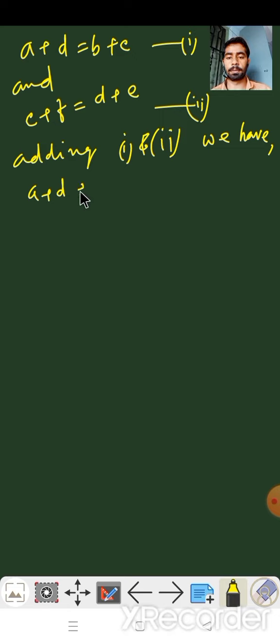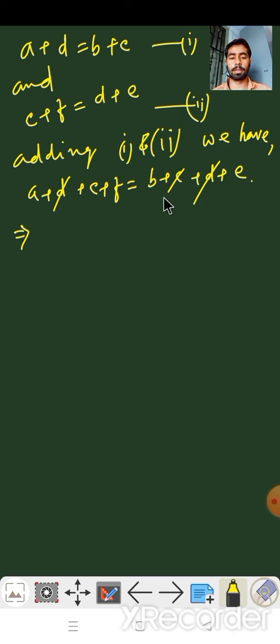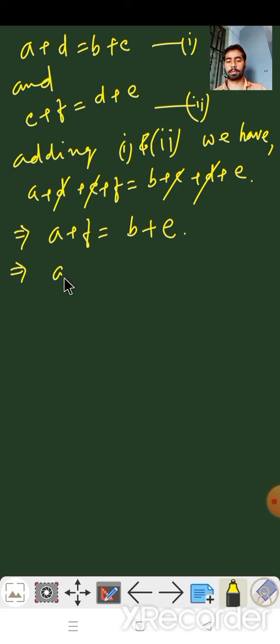A plus D plus C plus F will be equal to B plus C plus D plus E, and now we can cancel out D from both sides and C from both sides, and therefore we can say that A plus F will be equal to B plus E, which implies that AB is related to EF.